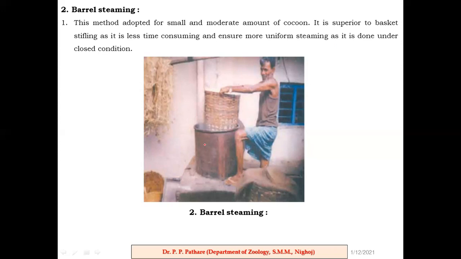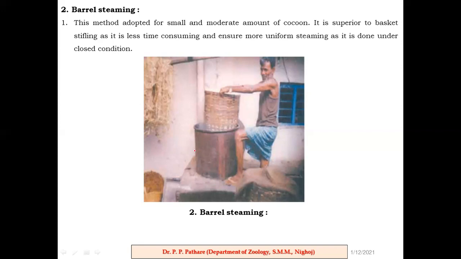You require a large metal barrel, then the instrument required for burning the wooden material, then one wooden basket, the same basket is also used here, and this basket contains your required amount of cocoon.